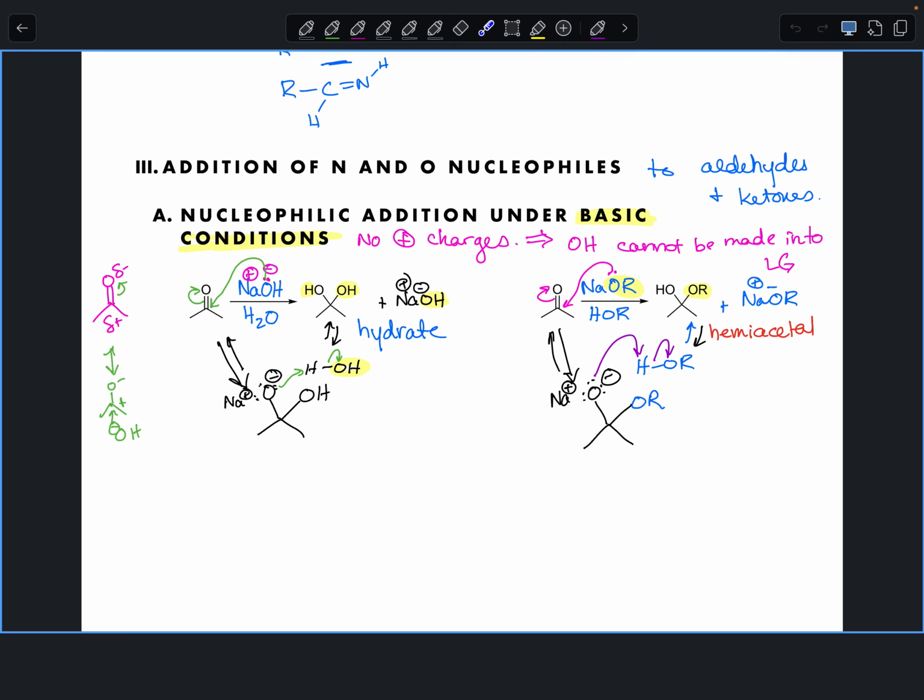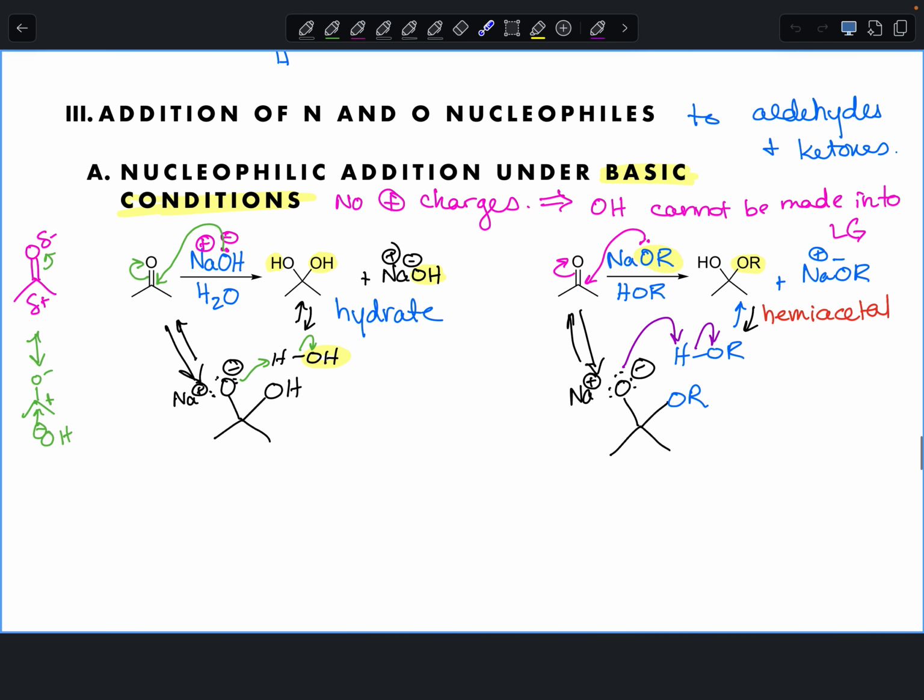So this step right here is called solvent-assisted proton transfer. Solvent-assisted H plus transfer. So anytime you need to get a proton from one part of the molecule to another part of the molecule, just move it and put H plus transfer.